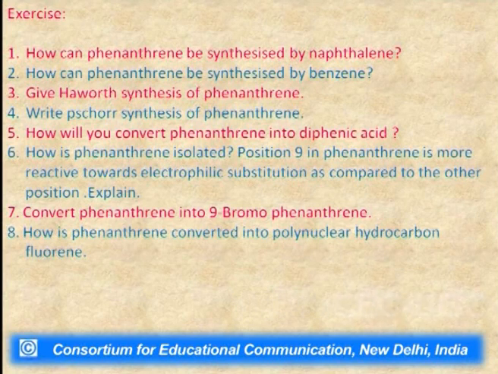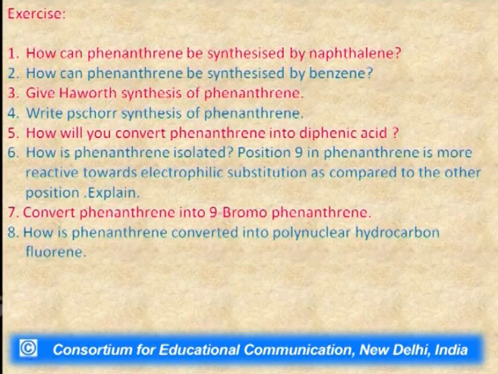Now come a few questions based on today's lecture: how this phenanthrene can be synthesized from naphthalene. This can also be synthesized from benzene, so we can also outline the preparation from the benzene starting material. We can give the Haworth synthesis of phenanthrene, the Knorr synthesis of phenanthrene, and how we can convert this phenanthrene into diphenic acid.